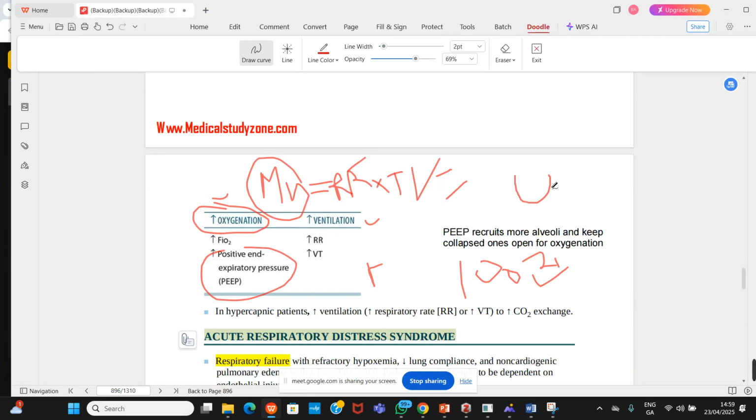Anybody want to relate PEEP to volume? What is going to be the volume equivalent of PEEP? Can anybody understand what I'm trying to ask? If we say that the pressure that is remaining in the lungs after expiration, that is keeping it open, is PEEP, what is the volume in that lung called?